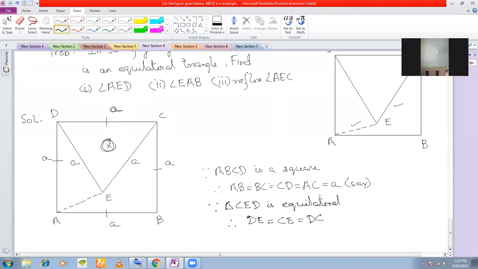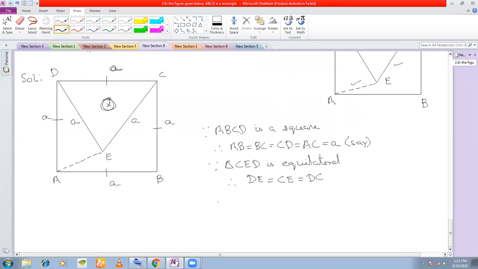That means all of these six sides must be equal. The four sides of the square and the three sides of the triangle. Therefore, AB is equal to BC is equal to CD is equal to AD is equal to DE is equal to EC. So all are equal.